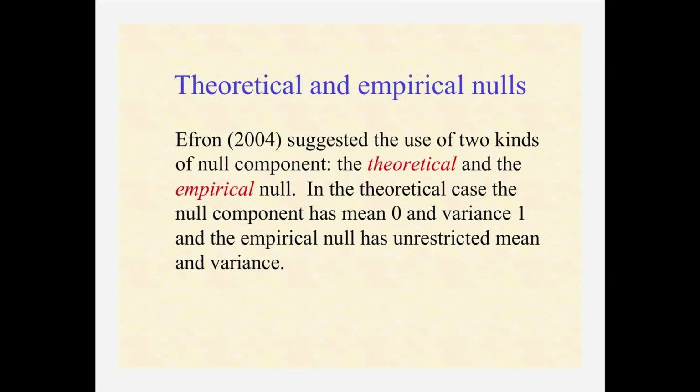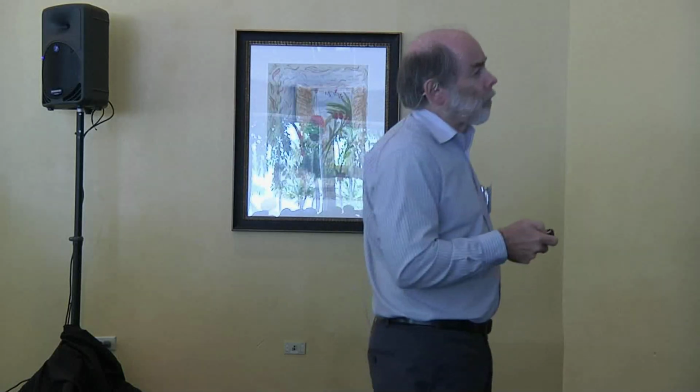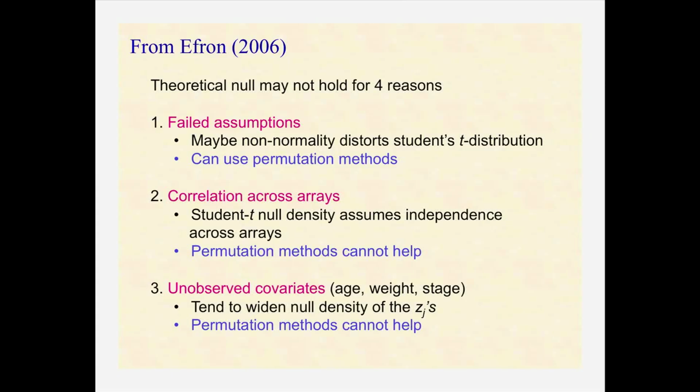Now, Efron suggested that because we've got a lot of genes, and the bulk of these genes are null genes, we can try to use that information to estimate the null distribution when we have some doubts about the assumptions. These points are taken from a talk that Brad Efron gave at a JSM meeting about 2 years ago now. Where would it have been? But anyway, perhaps in Seattle.